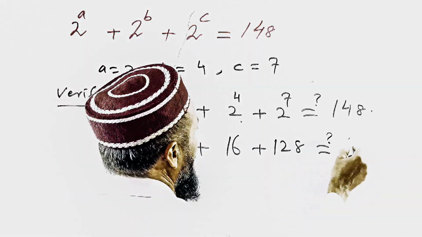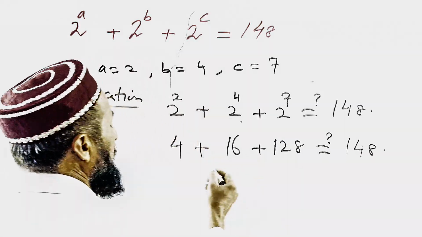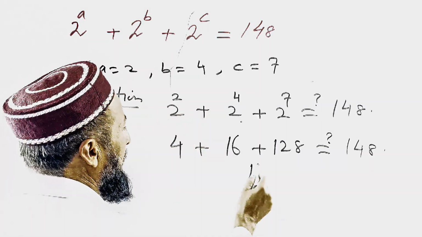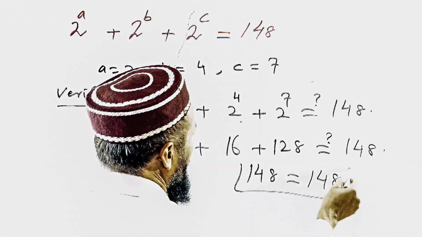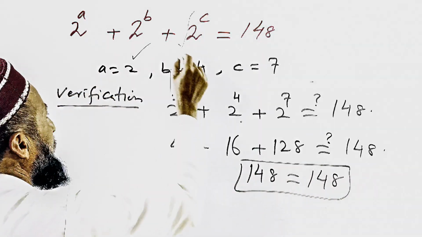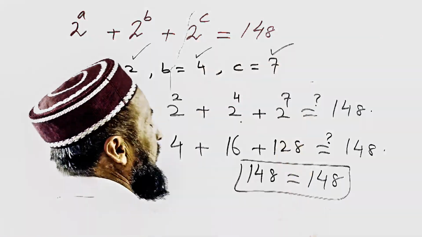Is it 148? If we add these, we get 148 is equal to 148. So our answer is correct: a is equal to 2, b is equal to 4 and c is equal to 7.